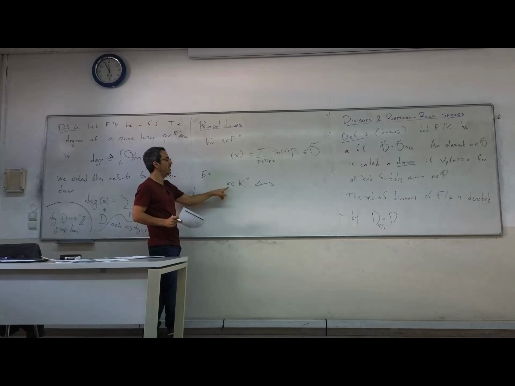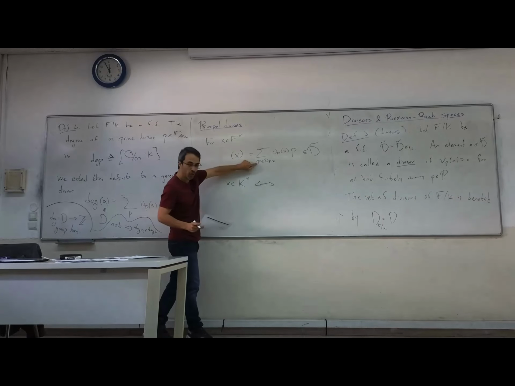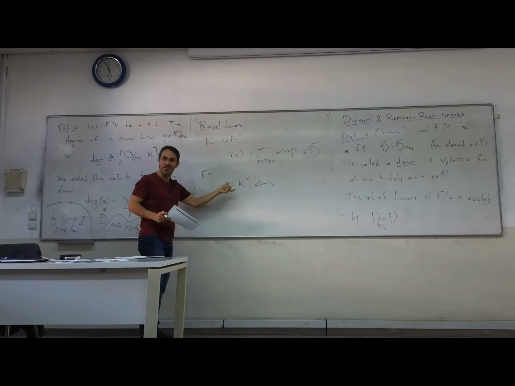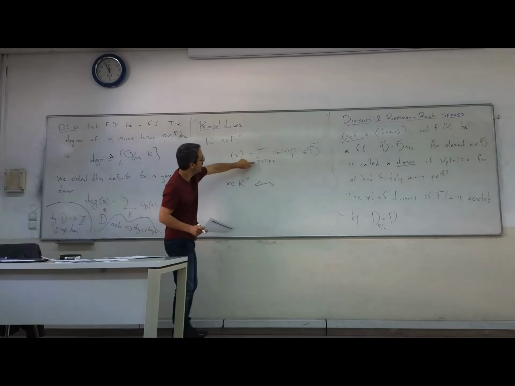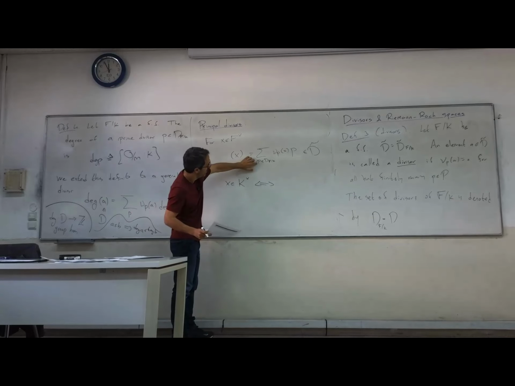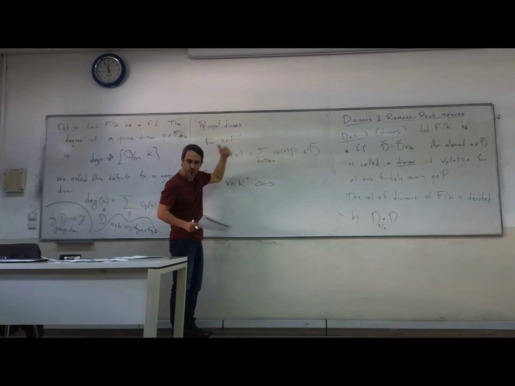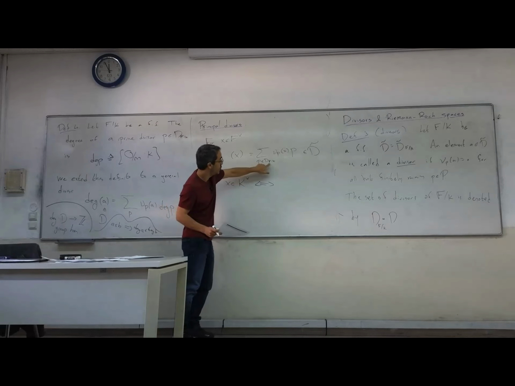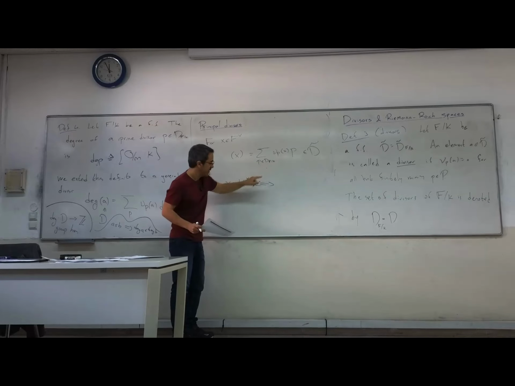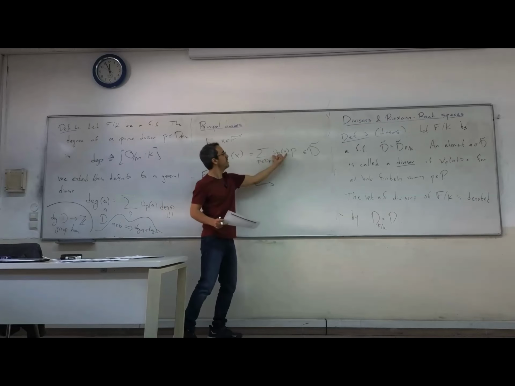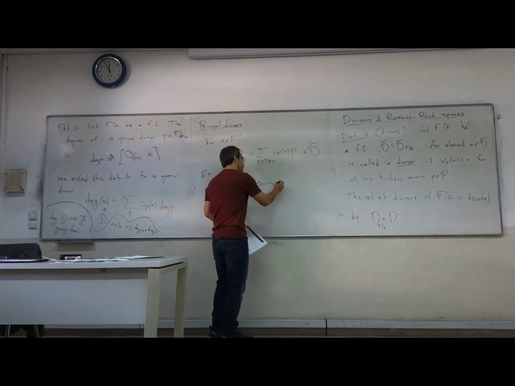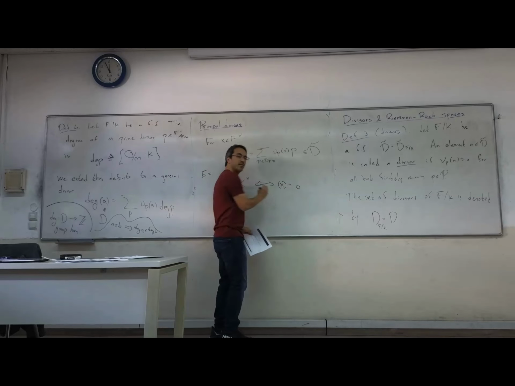I want no valuation, namely no prime divisor should have a zero or a pole. Because all the valuations are trivial on K, this is always 0. So you can write it like that.